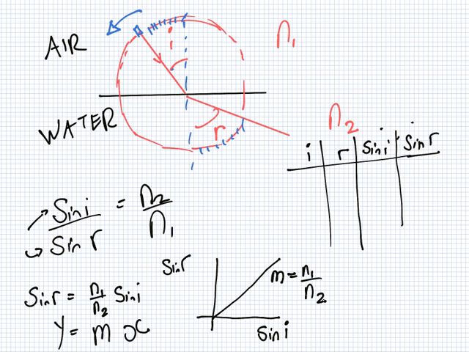But if you know that N1 is 1 because it's air, then you can get this useful result that N2 will be 1 over m. So using the table and the graph, we can get the N2 for water.